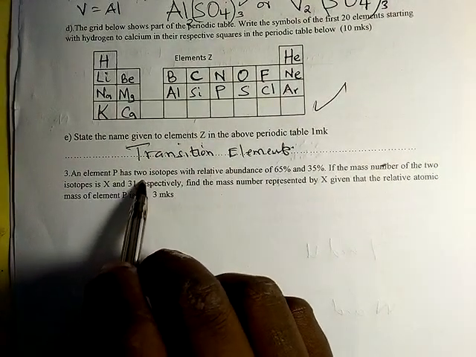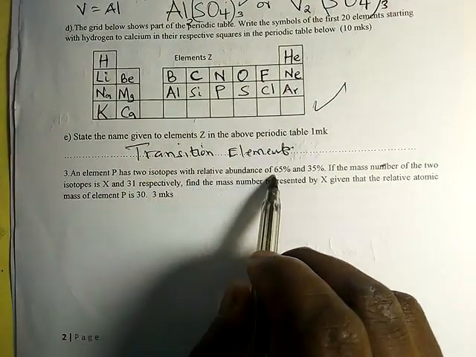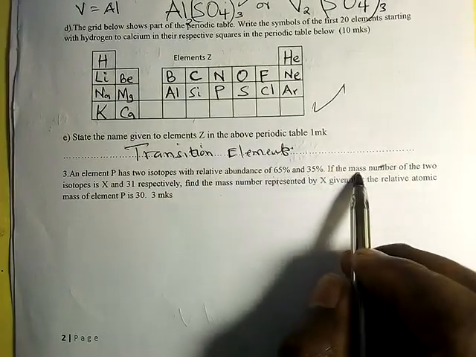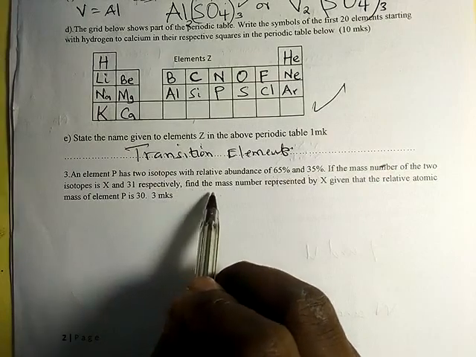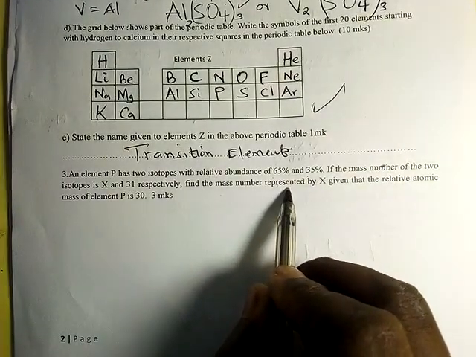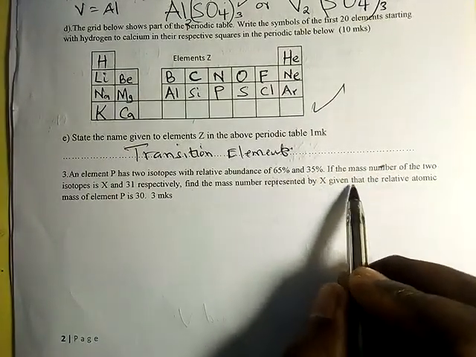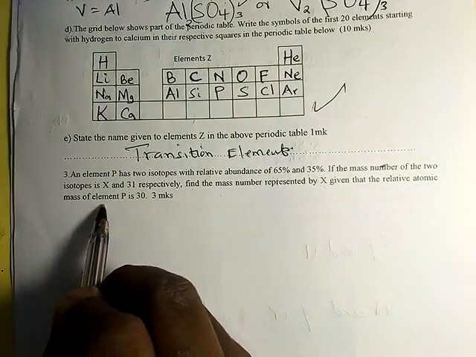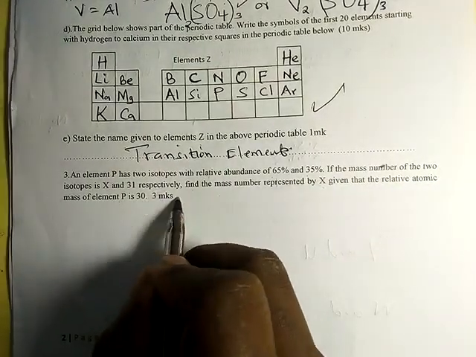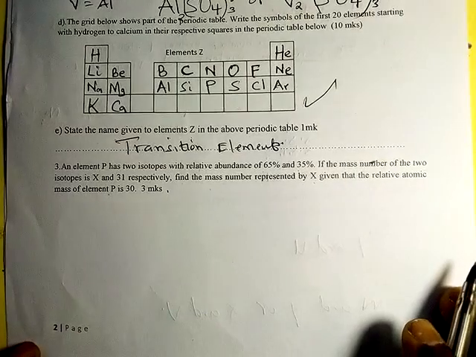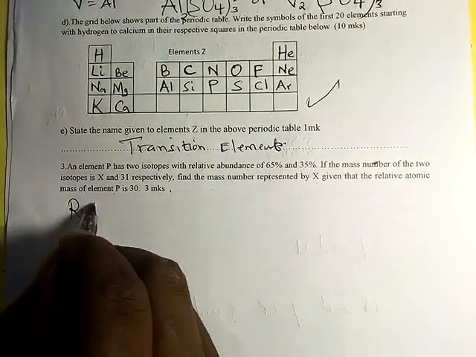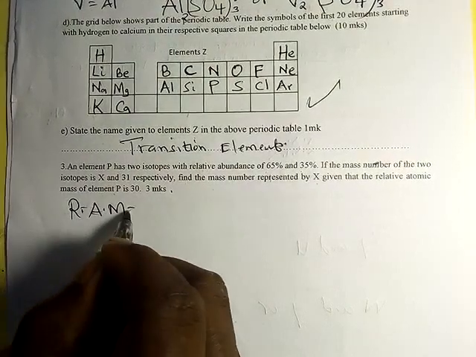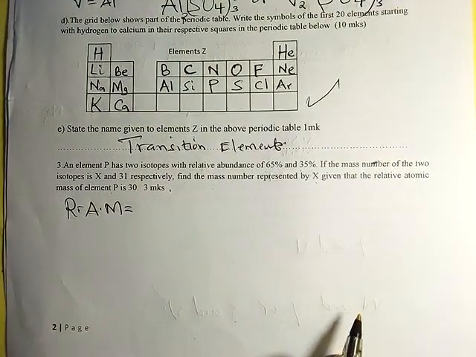An element P has two isotopes with relative abundance 65 and 35. If the mass number of the two isotopes is X and 31 respectively, find the mass number represented by X, given that the relative atomic mass of element P is 30. So that is the calculation of relative atomic mass, RAM. How do we calculate RAM?